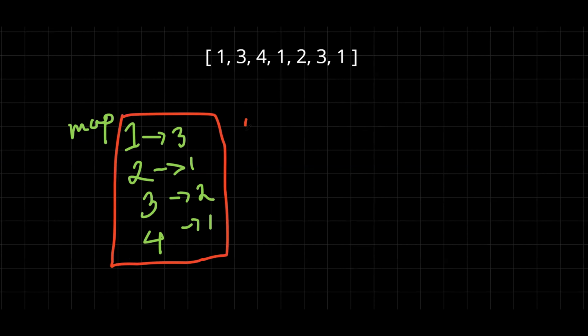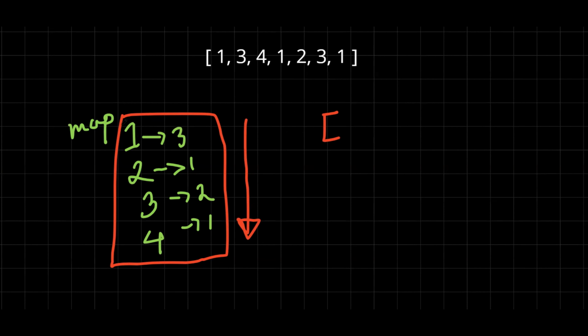Each time we will iterate over each of the elements from top to bottom, and we will check whether the current element's frequency is greater than 0 or not. In the first iteration, in the first entry, 1 and 3, the frequency of 1 is 3, which is greater than 0.